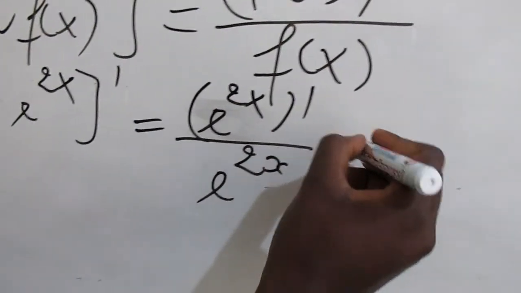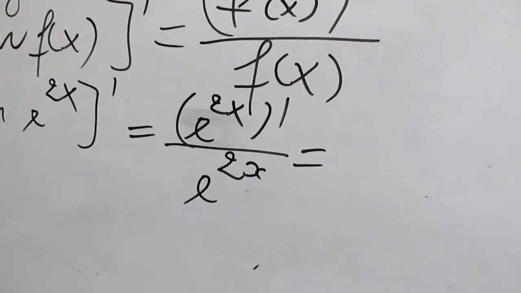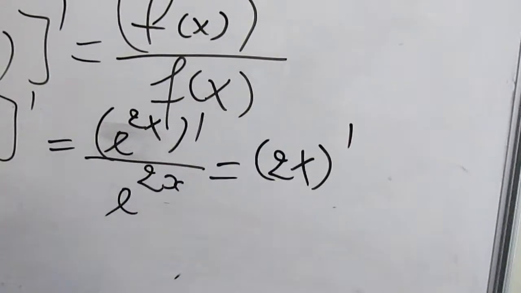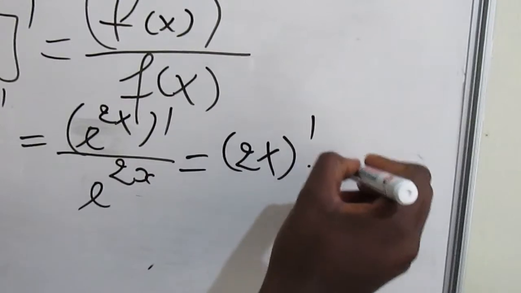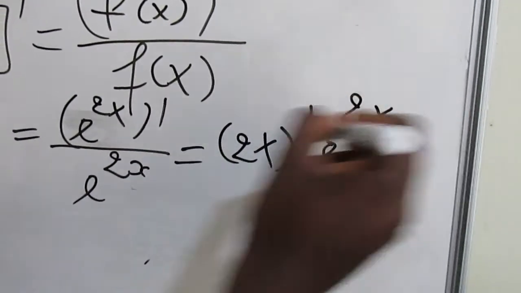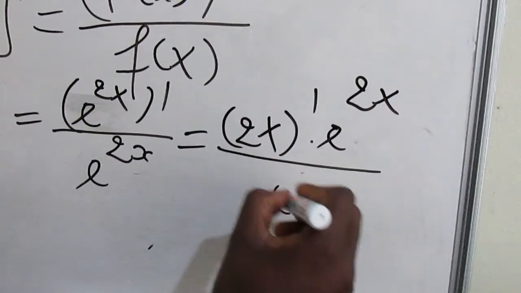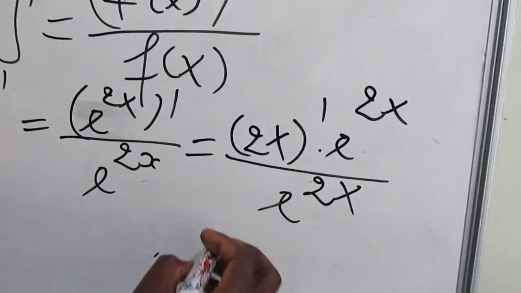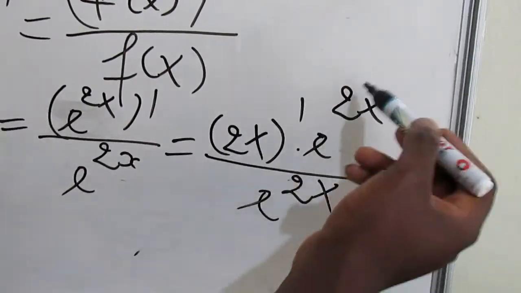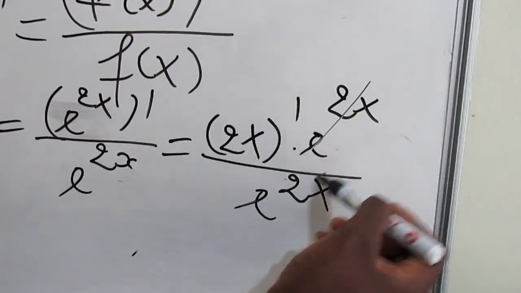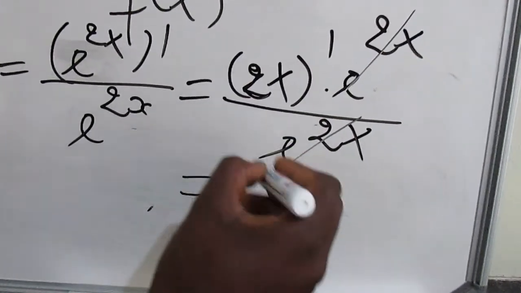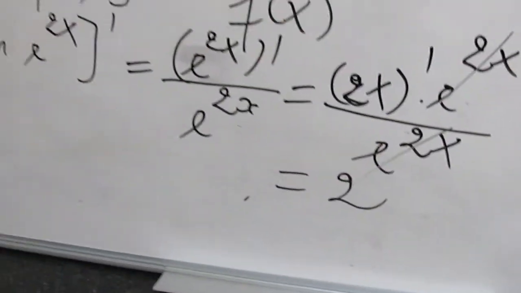We all know how to differentiate that one. You take the 2x down, you derive it, then multiply by e to the power 2x again, over e to the power 2x. So we can see that this can cancel each other, and we remain with 2. Yeah, the derivative of 2x is 2.